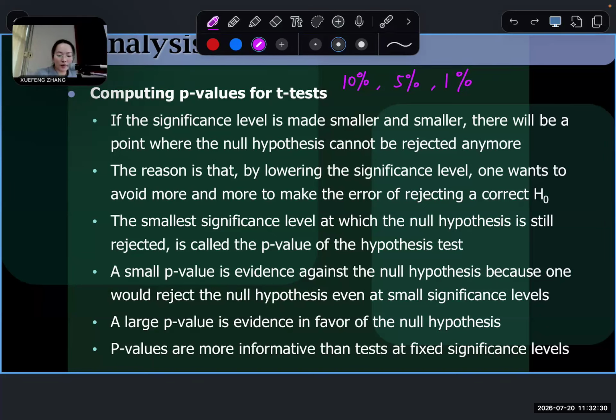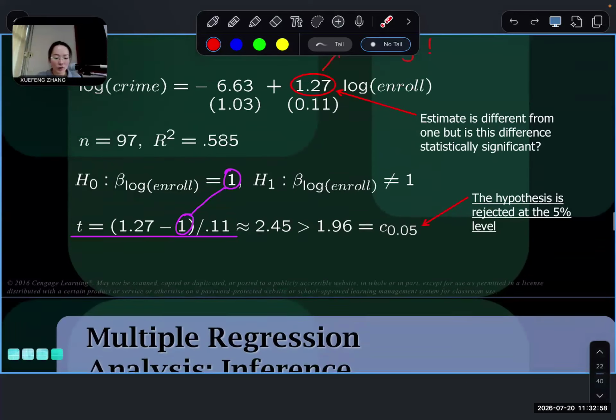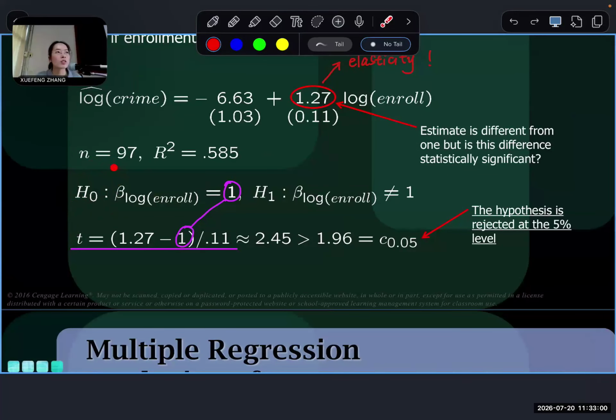Okay, you should be familiar with 10%, 5%, and 1% right now. Let's see what it means here. If the significance level is made smaller and smaller, let's say even 0.1%, very strict, there will be a point where the null hypothesis cannot be rejected anymore. And this is the thing that we don't want. Basically, we always want to reject our H0 in favor of H1, right?